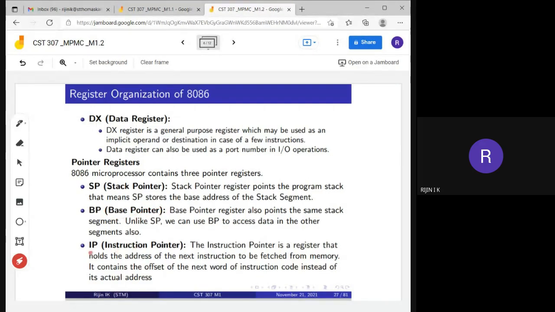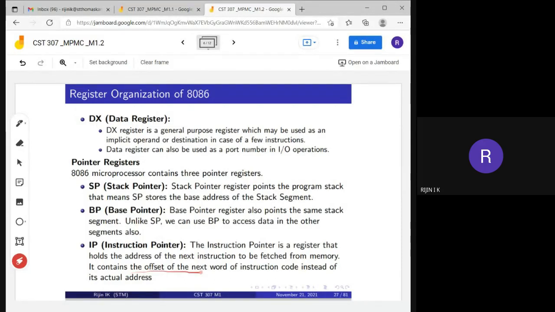Another pointer register is the instruction pointer, which we already discussed. What is the duty of the instruction pointer? It will hold the address of the next instruction that is to be executed, that is, the memory address of the next instruction to be fetched from memory.